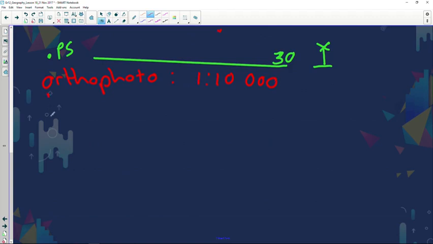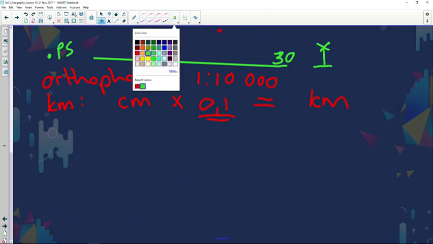In order to get our distance calculated in kilometers on an orthophoto, once again you measure the distance from point A to point B and you use a formula of 0.1, and then you will get an answer in kilometers.